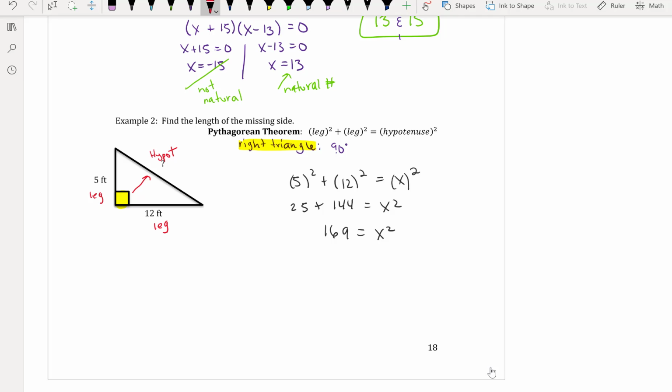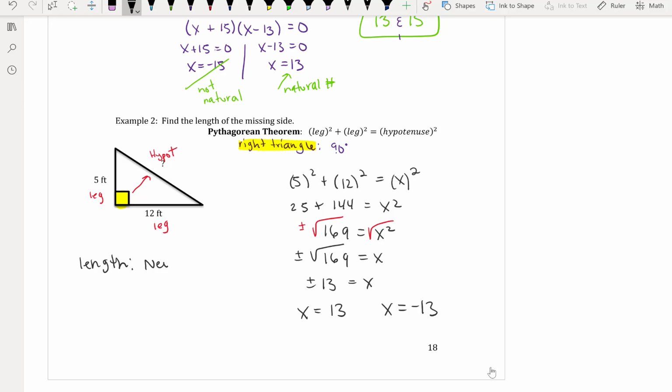So in order to undo the square, I square root both sides. So I have plus and minus the square root of 169 is equal to x. And the square root of 169 is 13. So this is saying that x is equal to a positive 13 and x is equal to a negative 13. But you have to be careful. If I'm finding length, length is never negative.